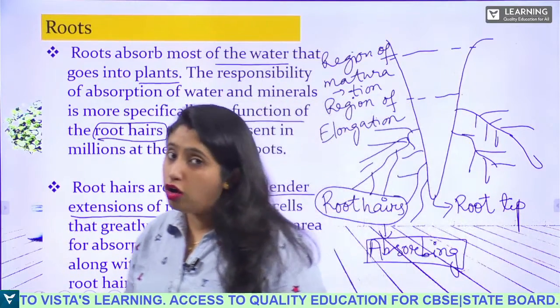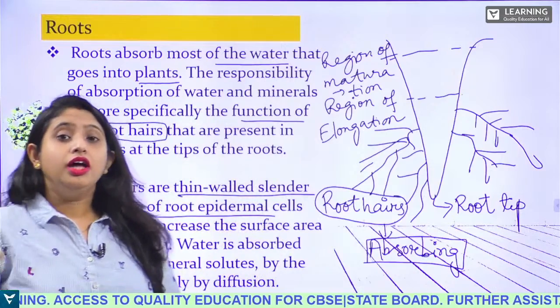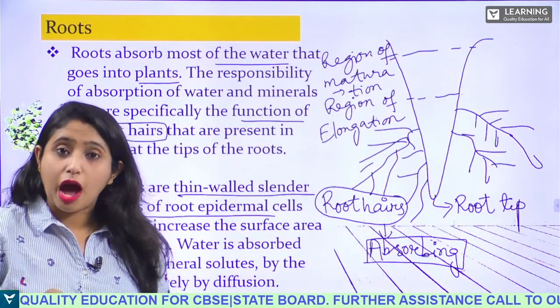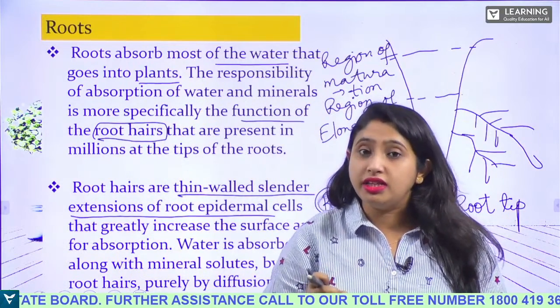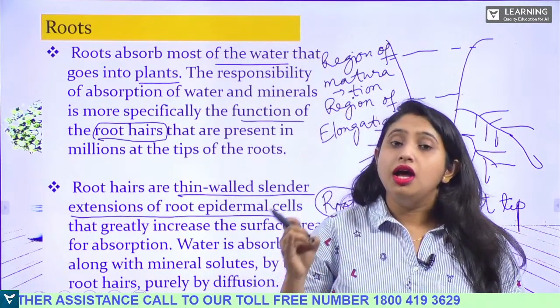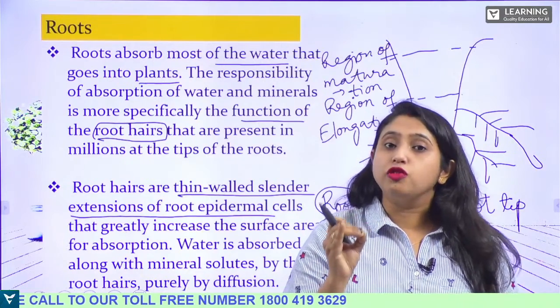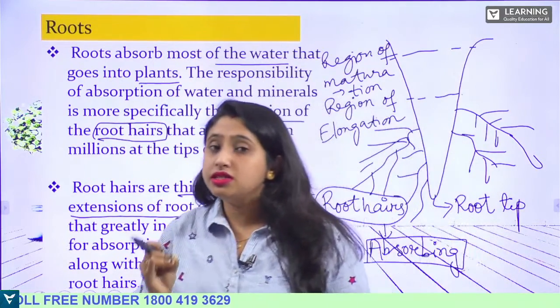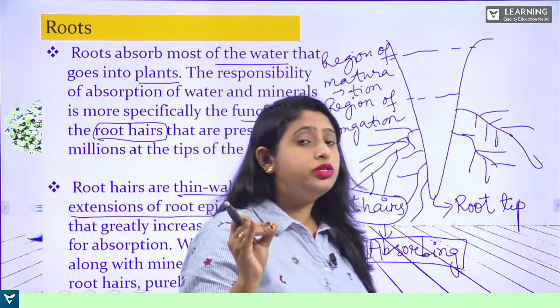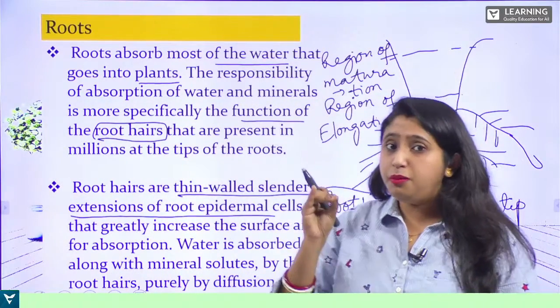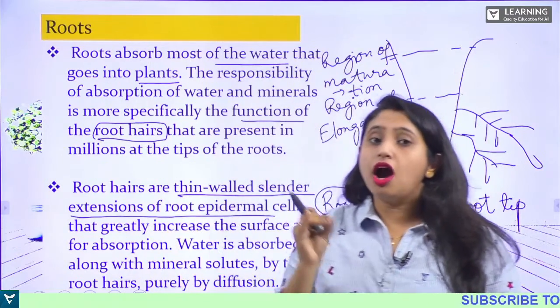Now, plants also have epidermis. What is this epidermis? Epidermis is nothing but the outer layer of any part of the plant. It may be roots, it may be stem, it may be flower. So it is the outermost part.